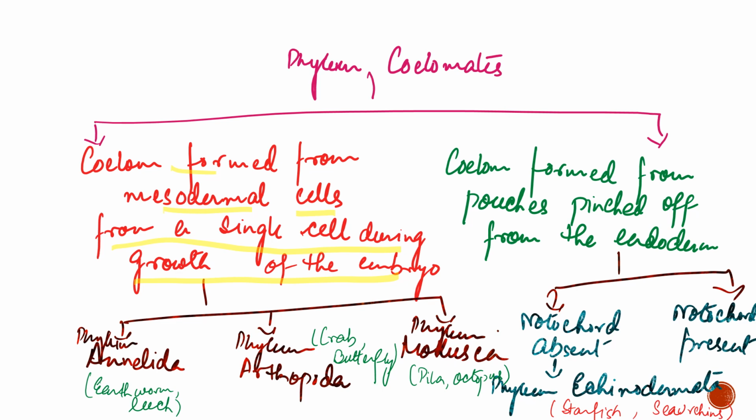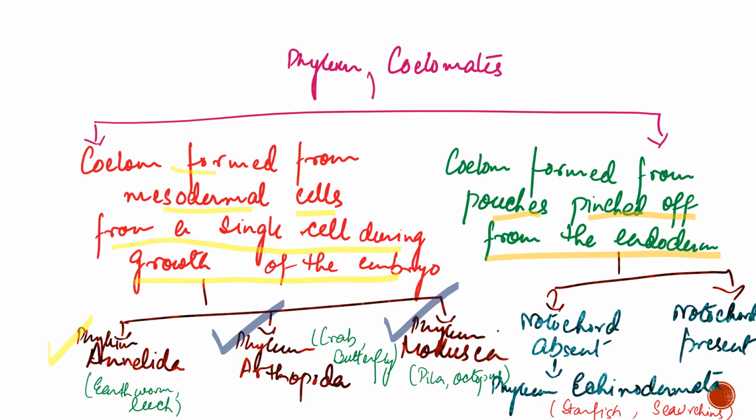Under that category fall phylum Annelida, phylum Arthropoda and phylum Mollusca. Another category is when the coelom is formed from pouches pinched off from the endoderm.